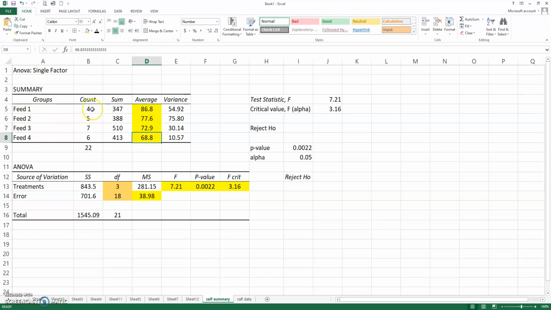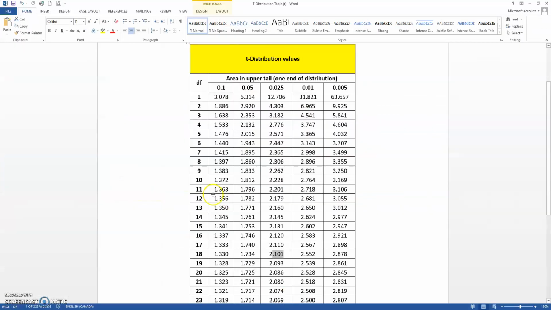Sample size of feed 1 is 4. Sample size of feed 4 is 5. And here is our MSE value, 38.98. This is one of the values we need in our confidence interval formula. We also need a t-value. We know that alpha is 5%. We divide that by 2, and degrees of freedom, n minus k.